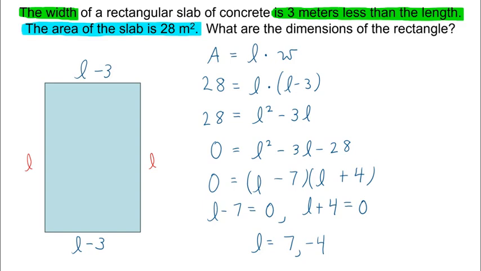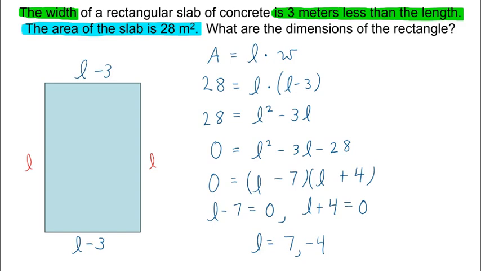But let's look at the solution negative 4. The length of a slab of concrete cannot be negative 4 anything. Negative 4 meters, negative 4 yards, negative 4 anything. Have you ever taken a tape measure to measure something and said, oh, that's negative 4 inches long?